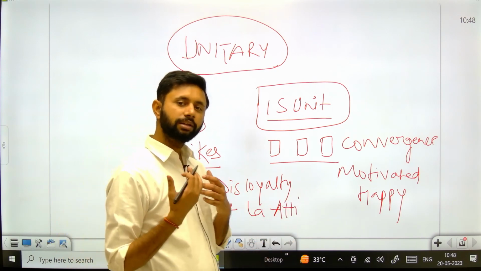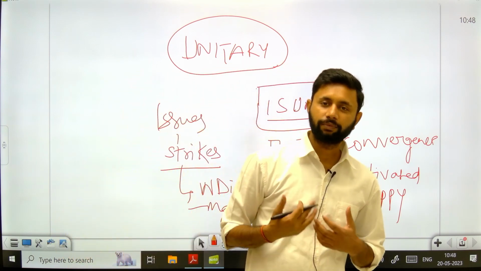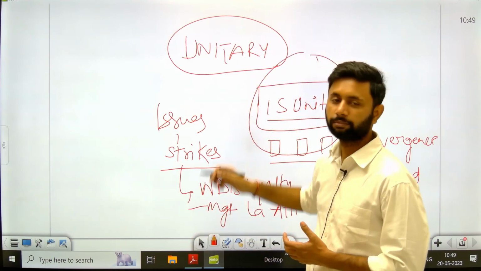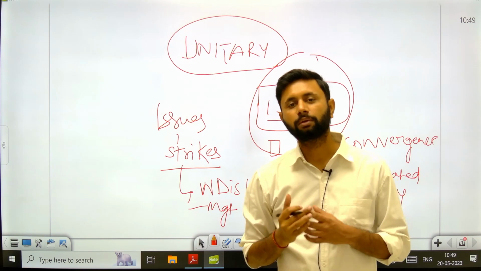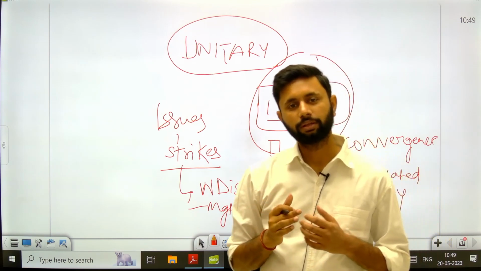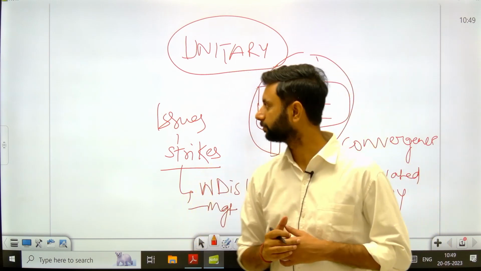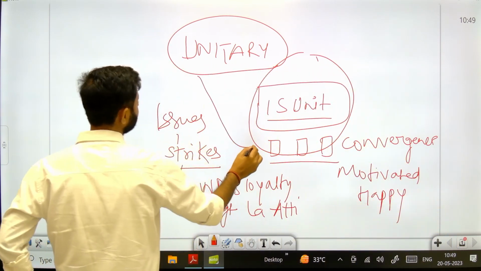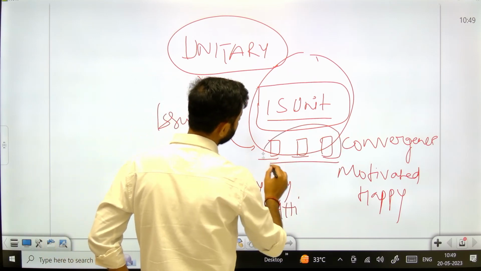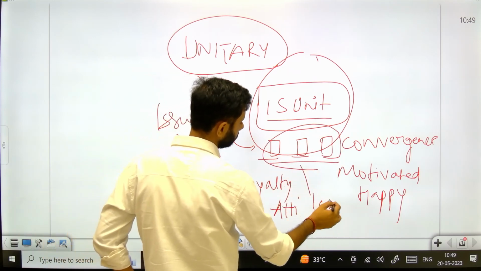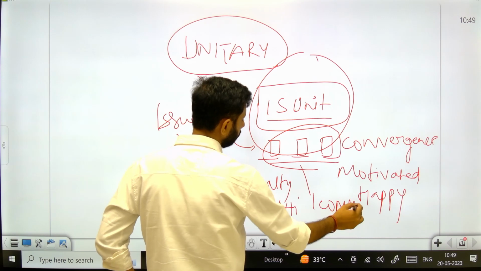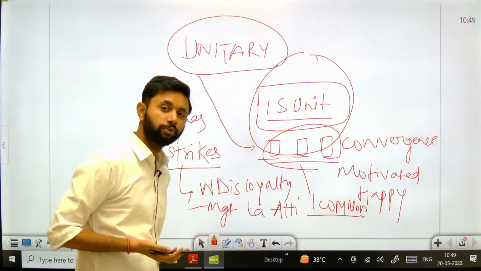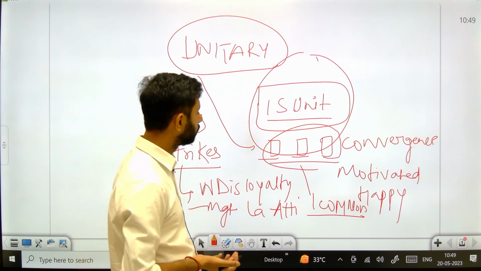So it is a paternalistic kind of relationship, a fatherly kind of relationship, where all stakeholders work in tandem, in a cooperative manner. Understood? So this is the unitary perspective. It says that all individuals and groups working in industry have one common interest. I know it sounds very untrue, but that's what the theory says.